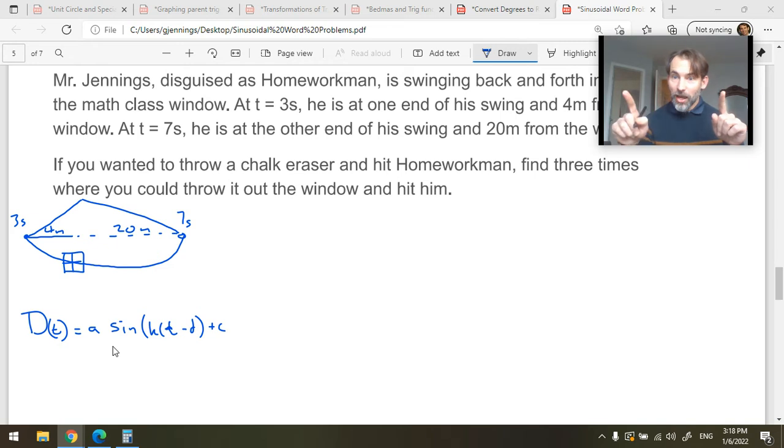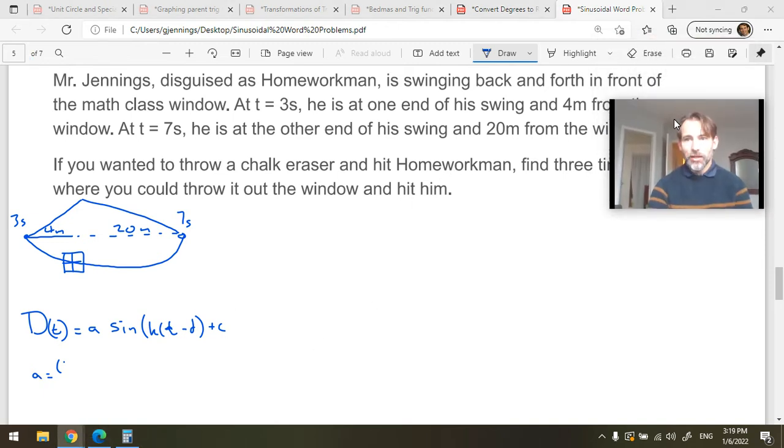So the distance from the midline is 12. Now you would get that from the formula A is equal to maximum minus minimum divided by 2. So anyway, it's just going straight forward, Mr. Jennings. So A is 12.